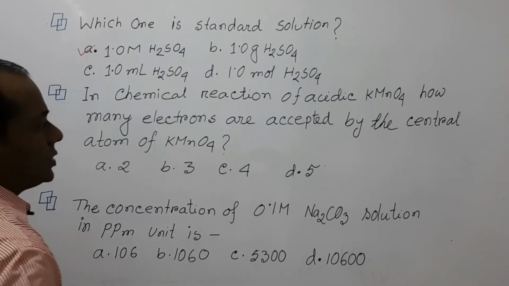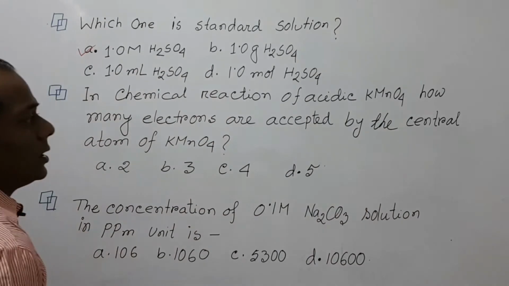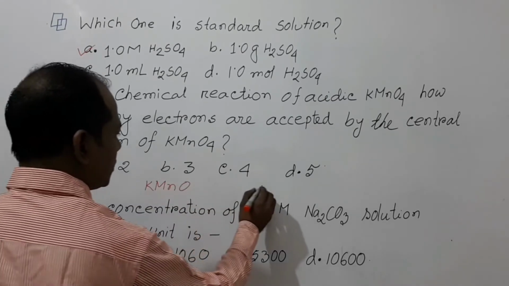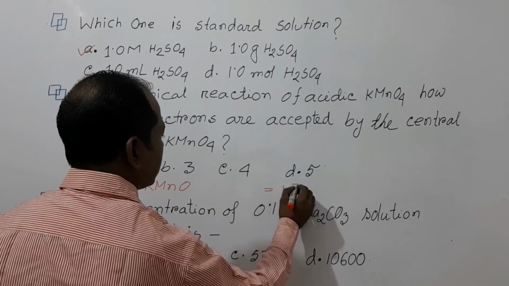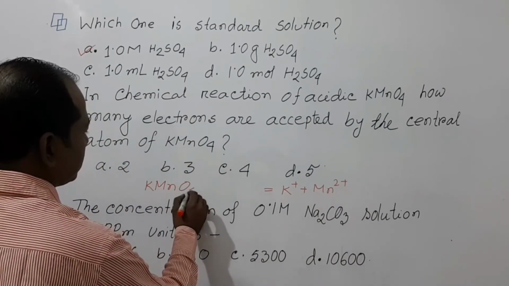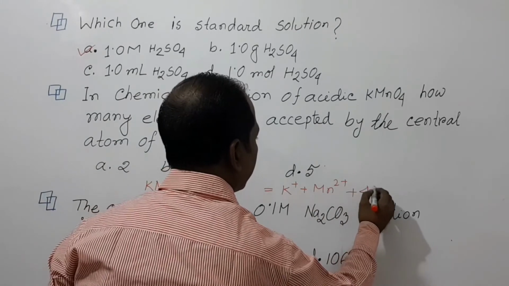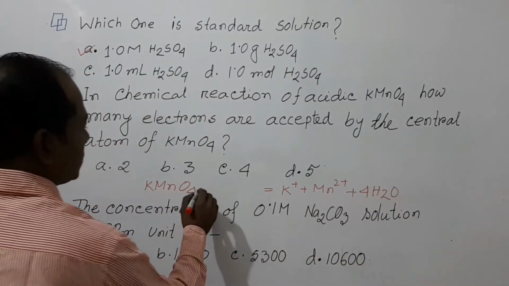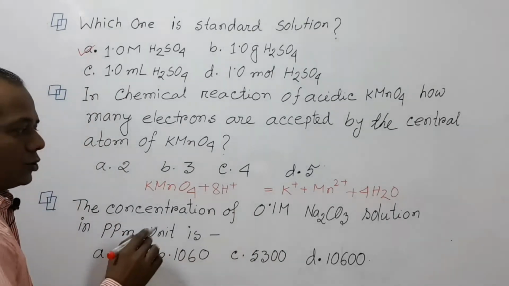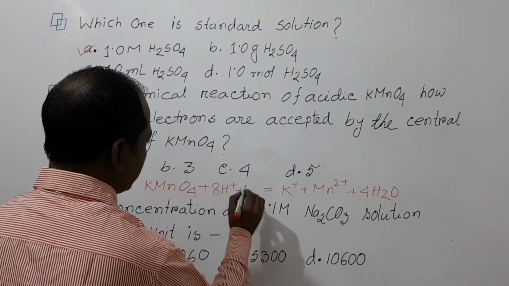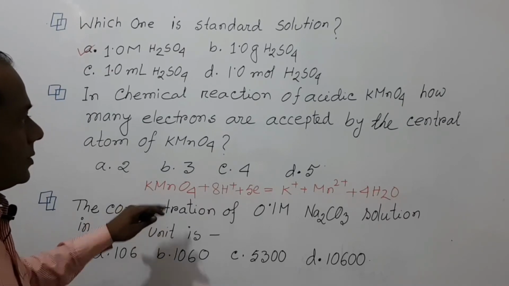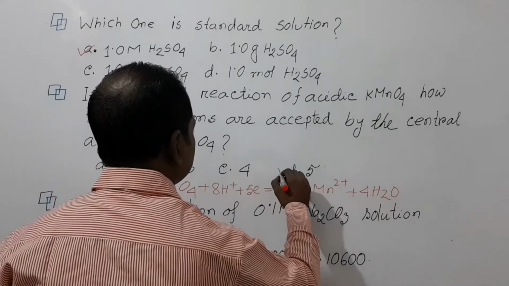My dear students, if we see the reaction of acidic potassium permanganate, we see that KMnO4 reacts and we get K+, Mn2+, 4H2O, and here 8H+, and to balance this equation, 5 electrons are accepted by potassium permanganate. So the answer is option D.